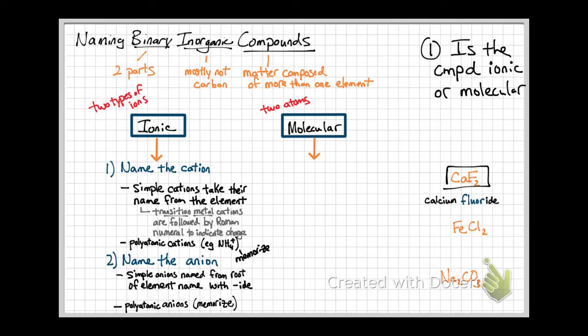Let's try another one. Iron is the name of the cation. It's a simple cation composed of just one type of atom. In this case, iron is a transition metal, so we're going to need to follow that name with a Roman numeral to indicate how much positive charge is associated with the iron.